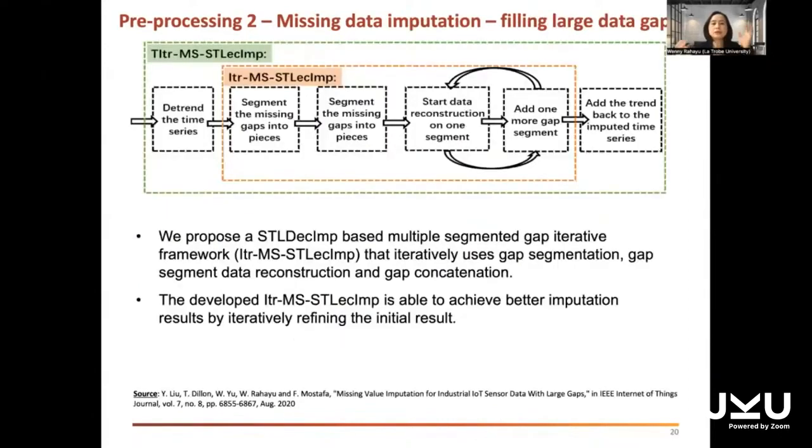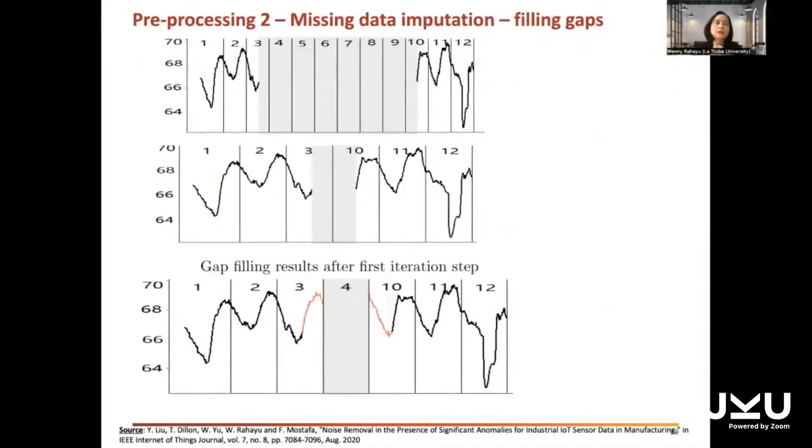In the normal technique that we know, called STL, seasonal trend loess decomposition, when there is a small gap in between, we look at the seasonal pattern that repeats at certain times, or at the trend, whether upward or downward, and we use that decomposition to construct the missing gap.